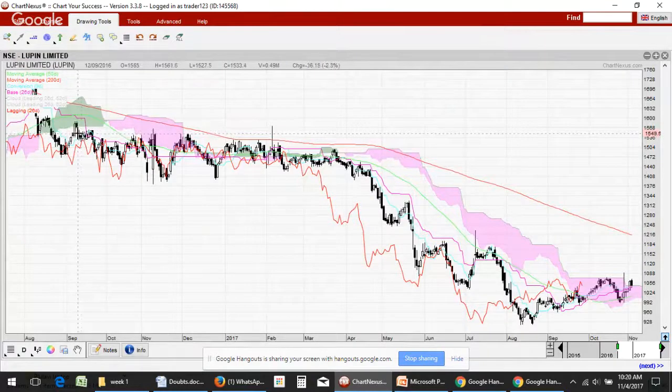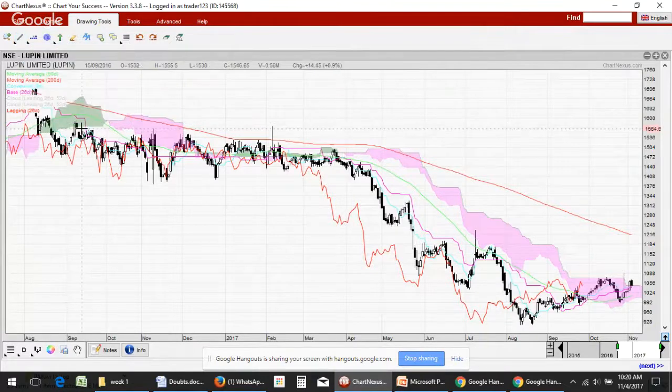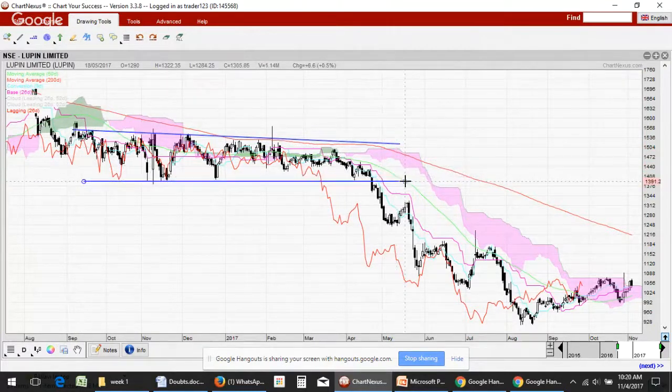Here's what I could define as a consolidation break. Let me draw some lines here. Here's a pretty tight consolidation pattern. So at this point, when they break that pattern, I'll define it as a consolidation break.